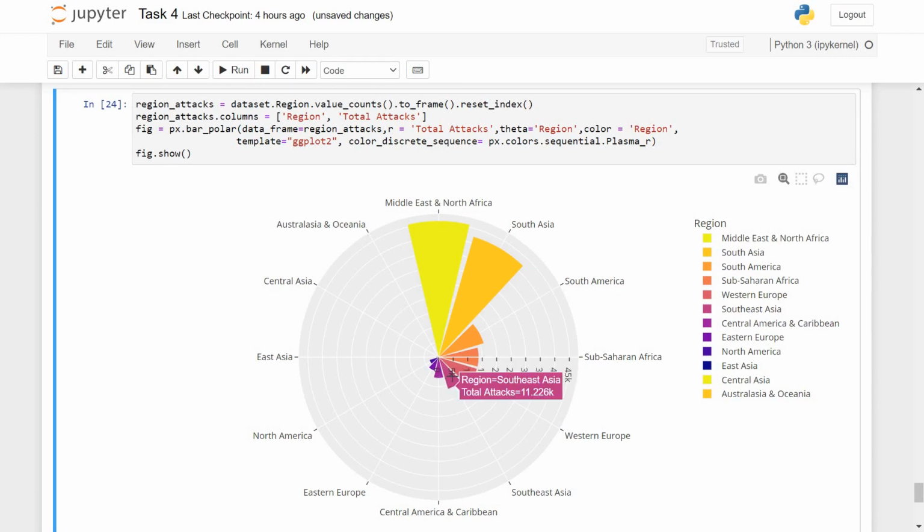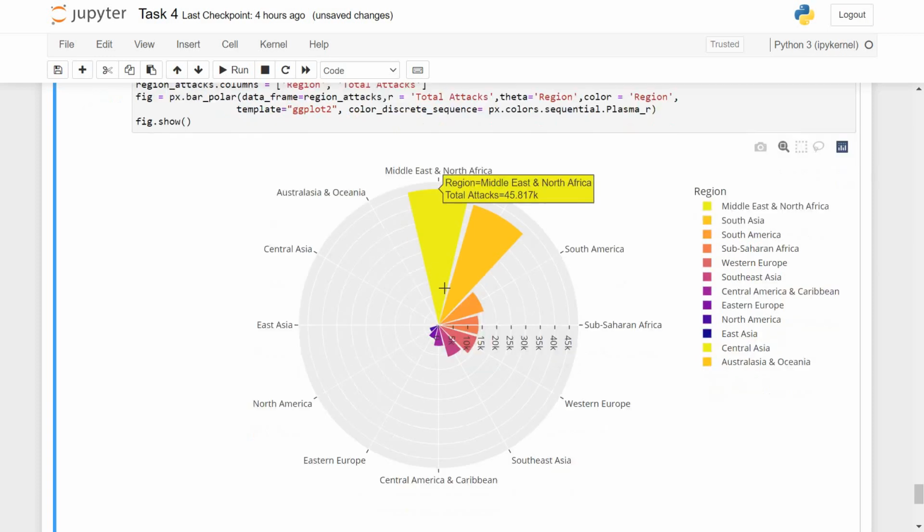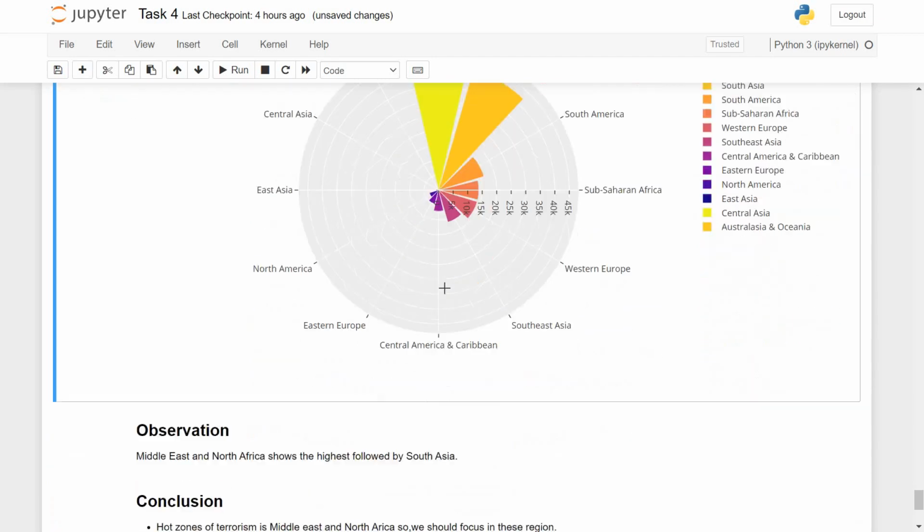Southeast Asia is nearly 11.2k, Western Europe 13.8k, Sub-Saharan Africa 13.8k, South America 16.8k, South Asia 42.26k, and the Middle East and North Africa counts 40.817k. This many terrorist attacks were carried out.